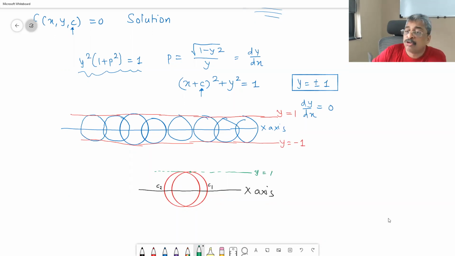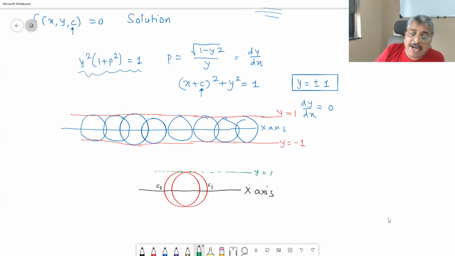The other circle also has the same tangent, y is equal to 1, and hence when these two circles are coming closer and closer to each other, those points where we are considering those tangents are also coming closer, and the tangent to the curve and the line y is equal to 1 are one and the same.